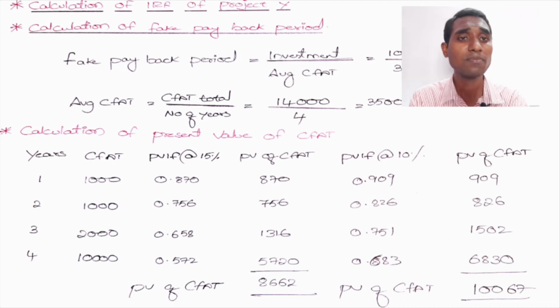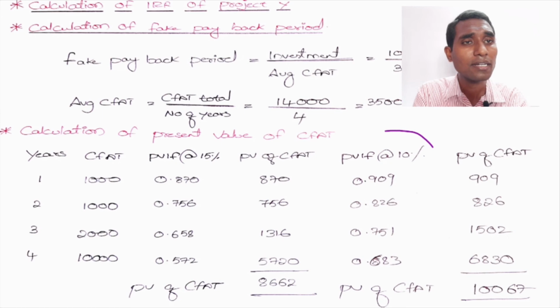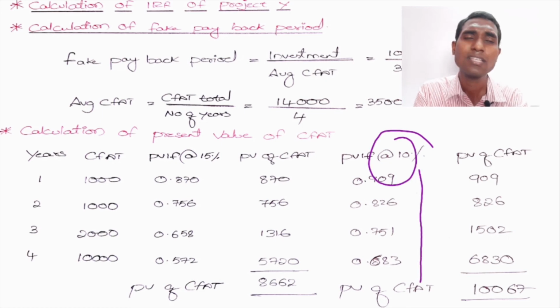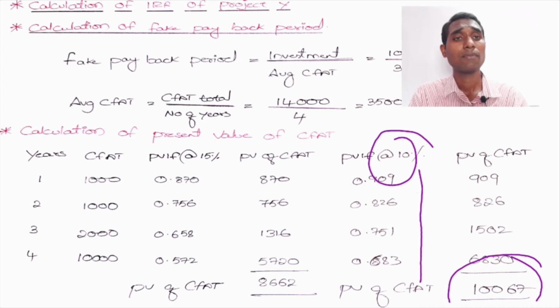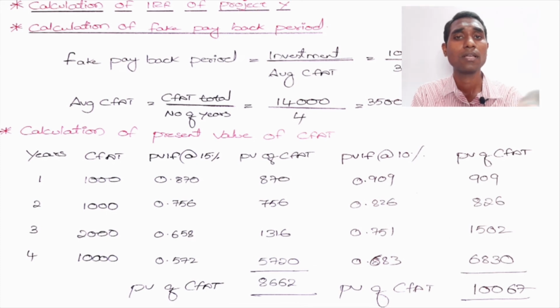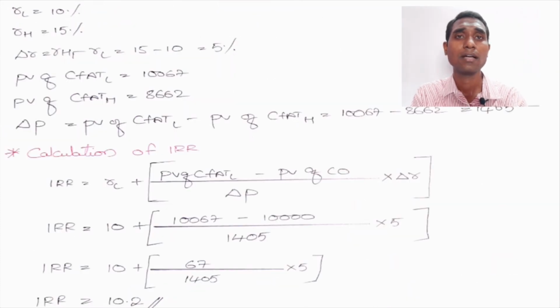The difference from 10,000 to 8,000 is quite large, so I tried at 10%. This is a trial guess. The value comes to 10,067. So, I have one value more than 10,000, that is 10,067, and one value less than 10,000, that is 8,662. Now I can proceed to calculate the IRR.